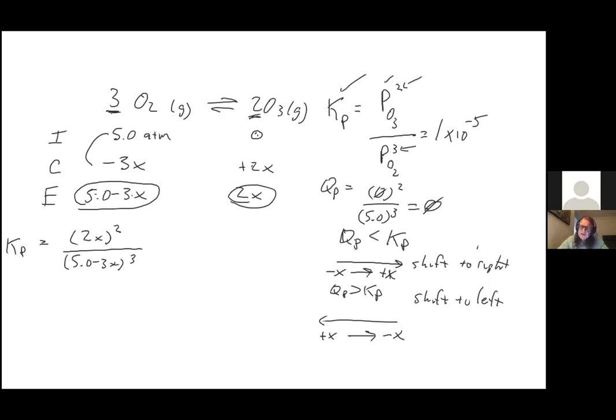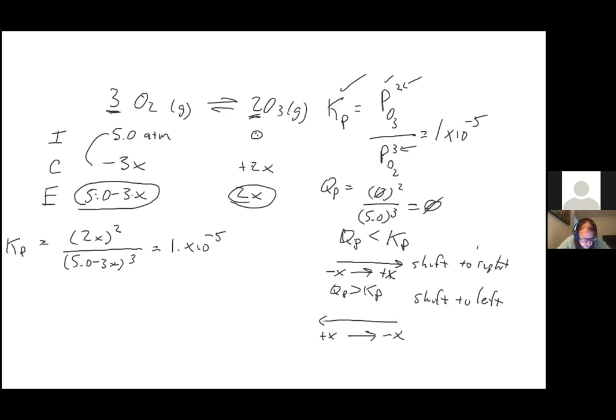That's what makes this mathematically a challenge, once you start getting up to cubic values, that's tough. But there's a trick out of this, and that is because K is small, we can use the small x approximation. The small x approximation says that an initial concentration, if it's sufficiently large, minus or plus a small value of X will be approximately equal to that initial concentration or pressure.